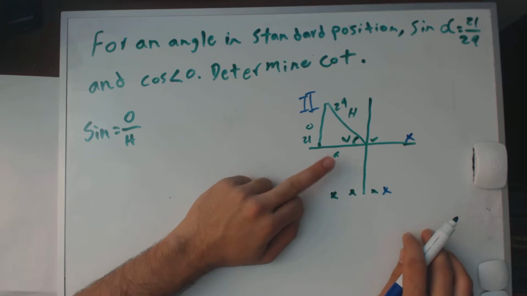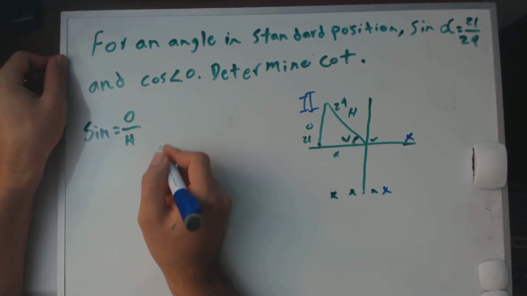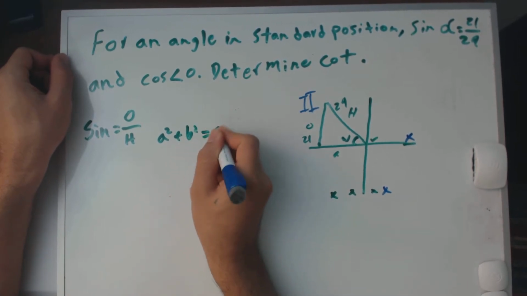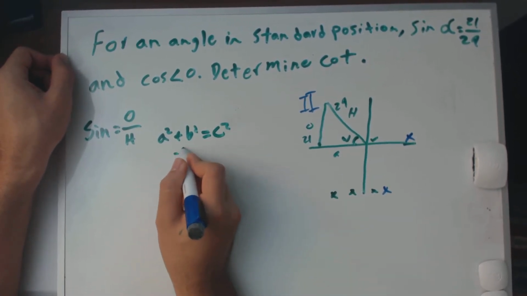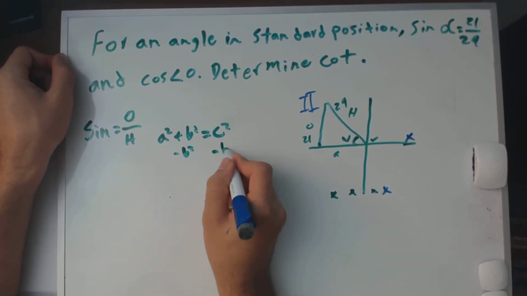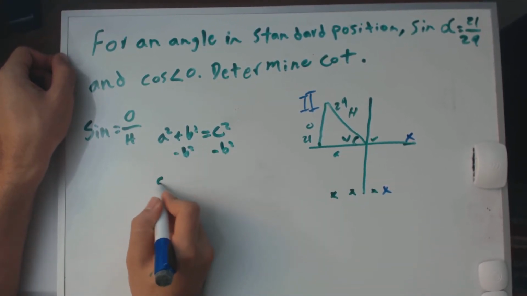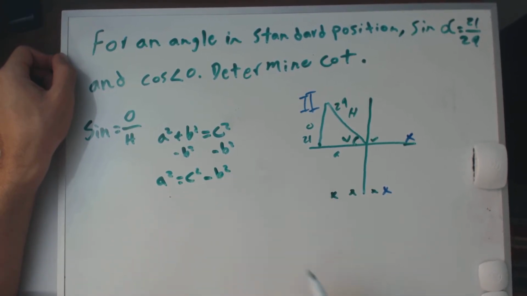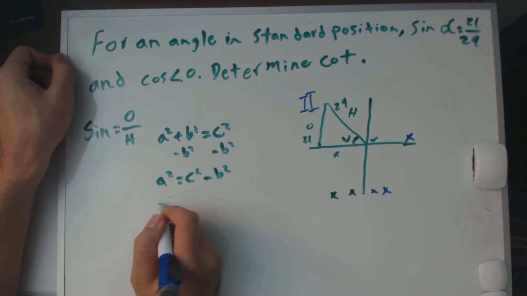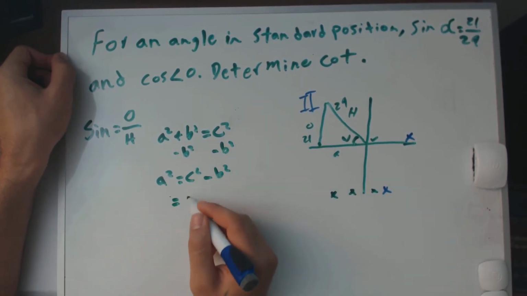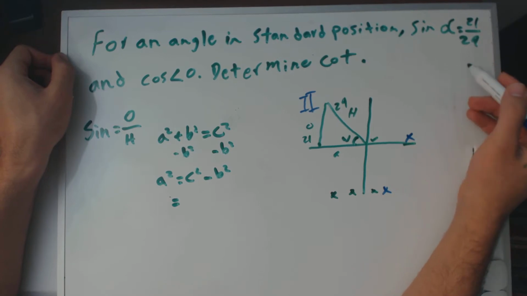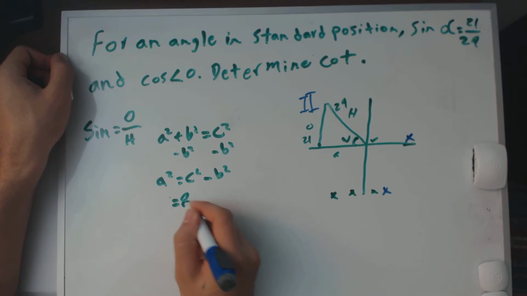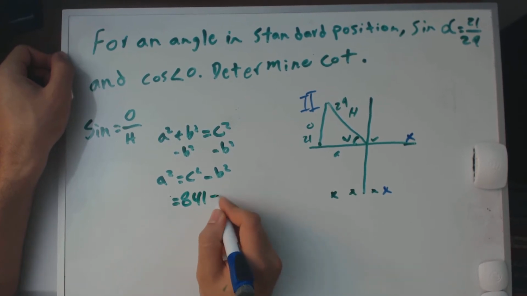To find the adjacent, we have to use the formula a squared plus b squared equals c squared. So a squared will be equal to c squared minus b squared. c squared, we said, is 29, and 29 times 29 is 841, minus b squared.